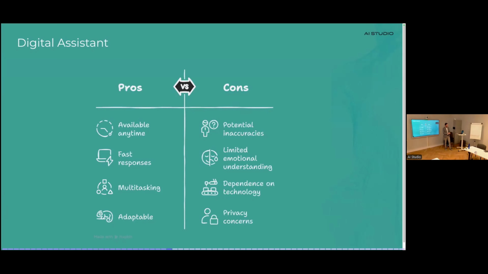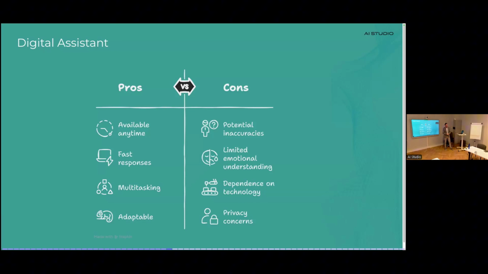And for a digital assistant, the pros are it's available anytime, you get fast responses, as opposed to a system that works with humans. It does multitasking very well. It's adaptable. And the cons are it hallucinates.